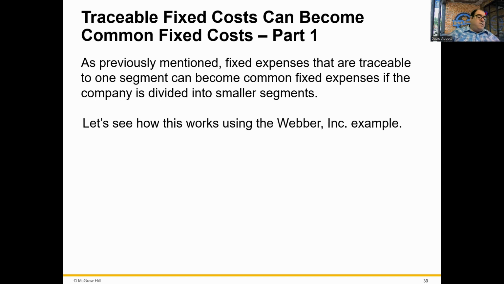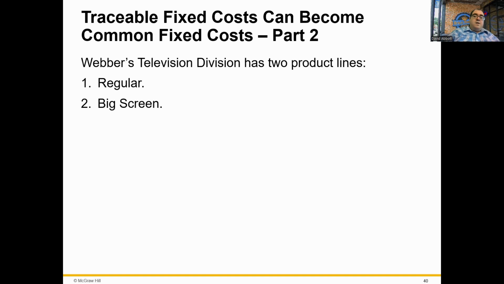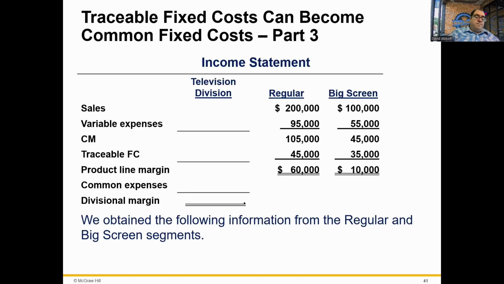This enables us to see how traceable fixed costs of the television division can become common costs of the smaller segments. Assume that the television division can be broken down into two major product lines, regular and big screen. So again, we have two different product lines. Assume that the segment margins for these two product lines are as shown.